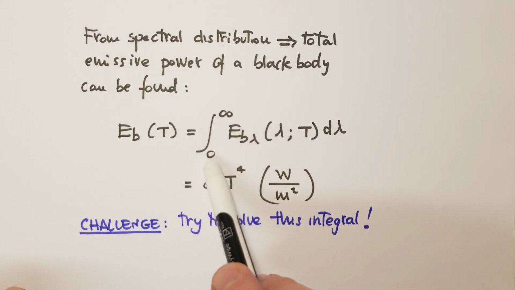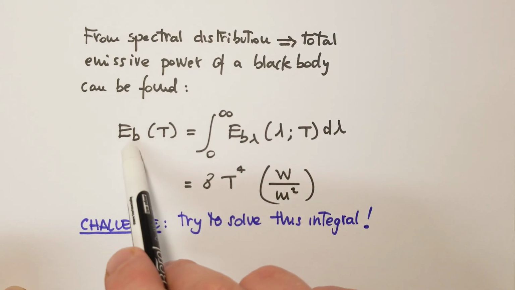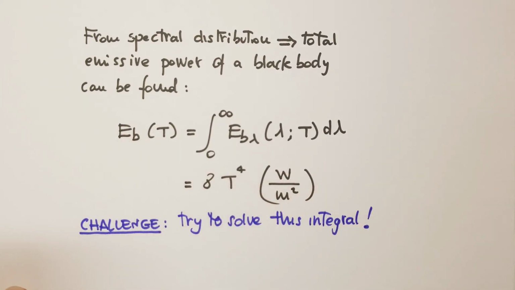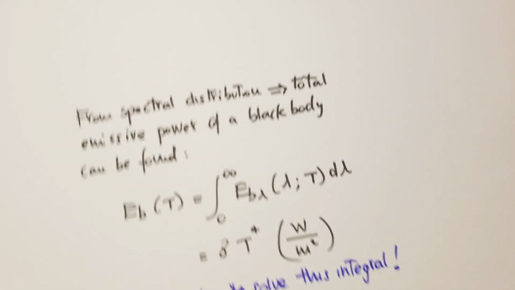Then we integrate from 0 to infinity because we want to integrate the spectrum across all the wavelengths. And we obtain E_B, the black body power. A very interesting exercise mathematically is to substitute the formula for Planck's law in the integral and try to do this integral. I can just give you a hint, and it involves a series expression if you want to solve it.